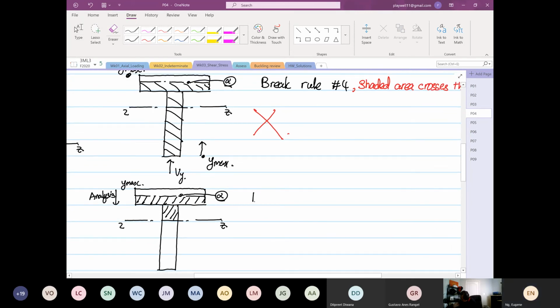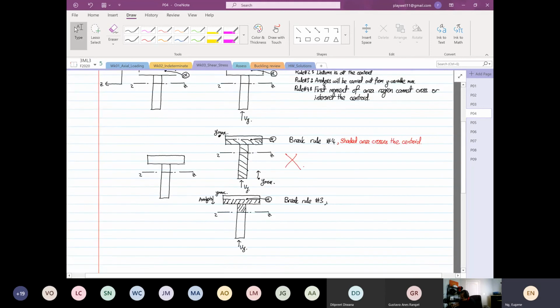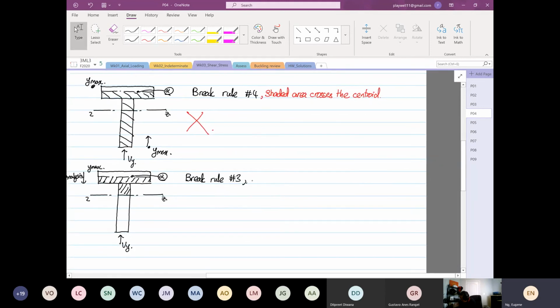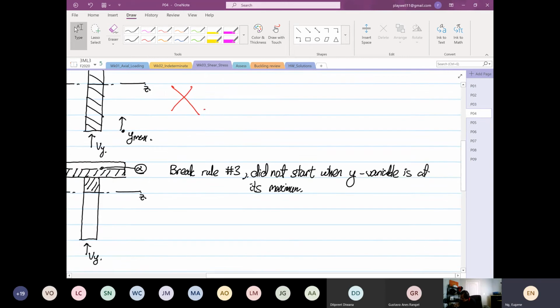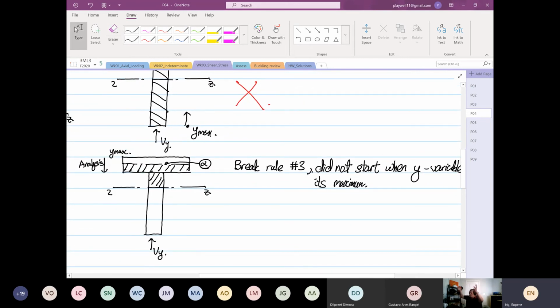So again, you broke rule number 3, which states that analysis will be carried out from where the y variable is at its maximum. You did not start from there. No doubt you did not break rule number 4. My area of interest did not cross the centroid. But you did not start from y variable maximum.